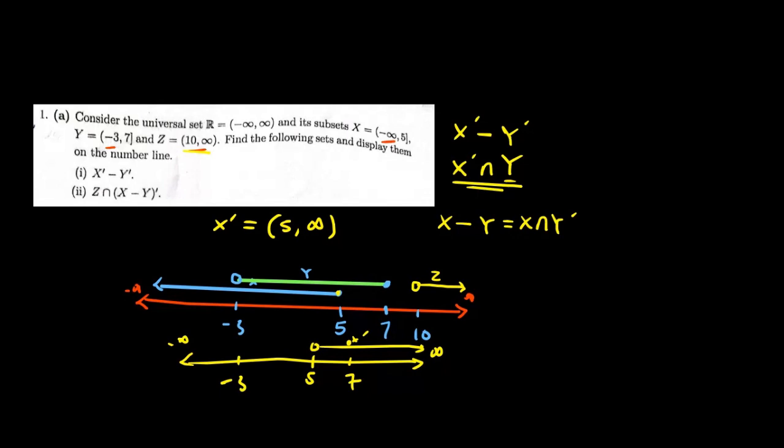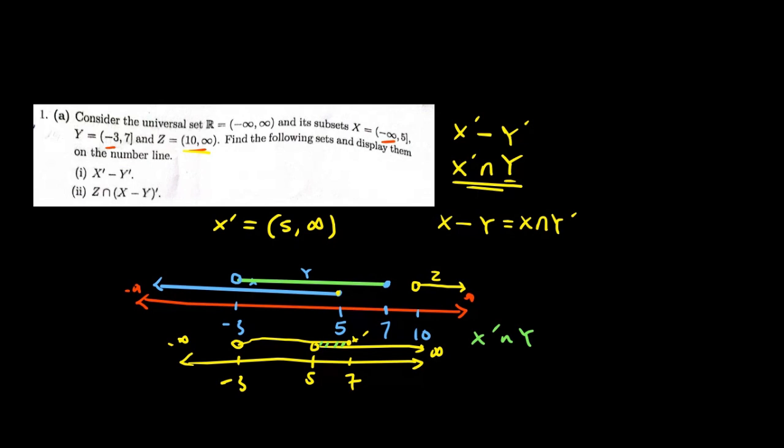So now you check where these two sets intersect. That is what is going to be my X complement intersect Y. So from here, my 5, we see that 5 is not part of the Y complement.